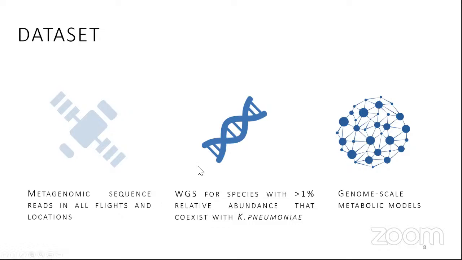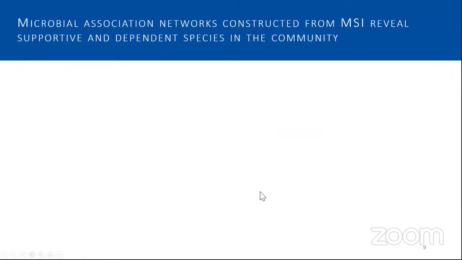We took those whole genome sequences and used KBase to reconstruct draft genome-scale metabolic models. We then calculated the metabolic support index values for every pair at a particular site that can potentially interact with each other.